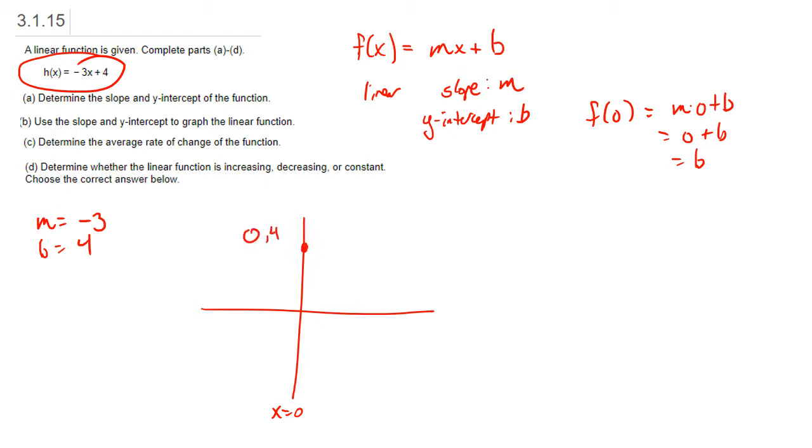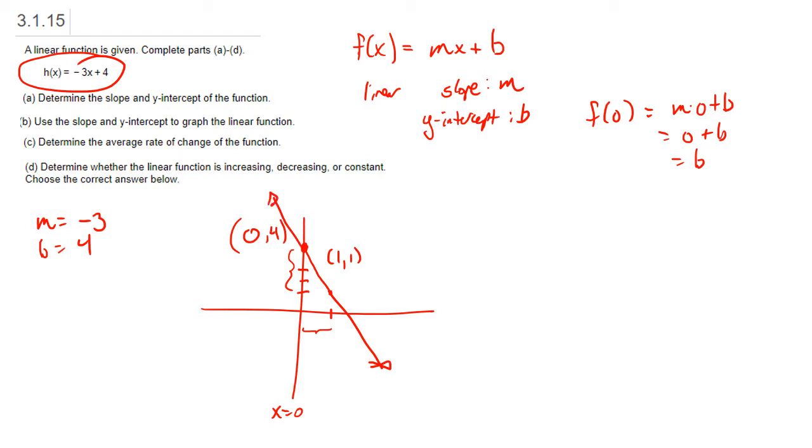So the line goes through the point 0, 4. If x is 0, then h of x is 4. And every time I move 1 unit to the right, I'm going to go down 3 units. So it's also going to contain, for example, the point 1, 1, because I have moved 1 unit to the right and 3 units down. And then I keep going in this general direction, both left and right. So here's a graph of our function.